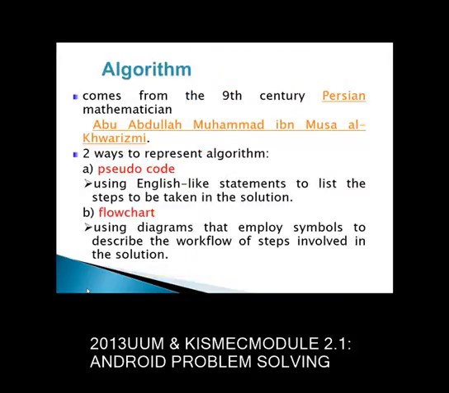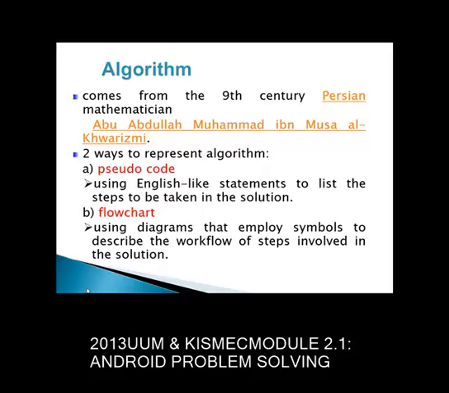Right, so basically the word algorithm comes from a Persian mathematician called Abu Abdullah Muhammad ibn Musa, or as we know him, Al-Khwarizmi. Basically there are two ways to represent an algorithm, either by using what we call pseudocode. Pseudocode is basically English-like statements.